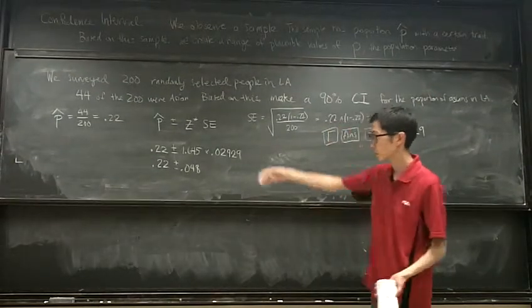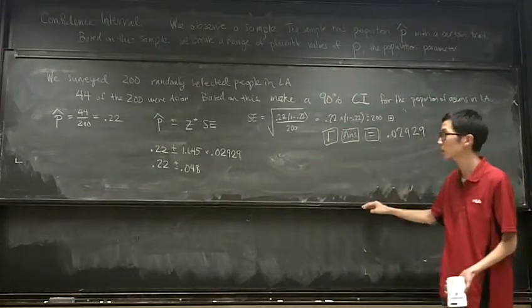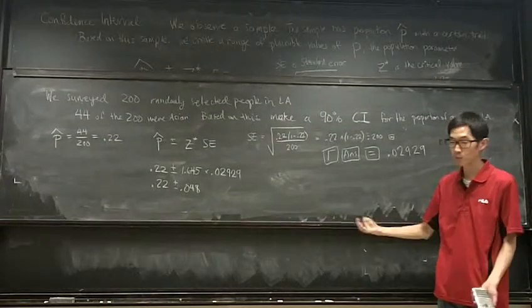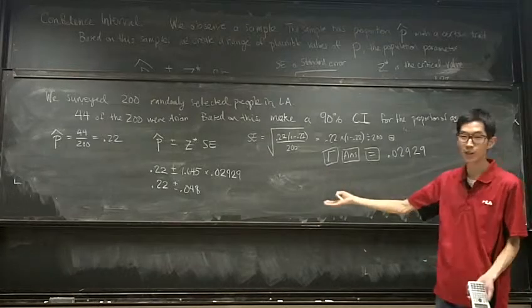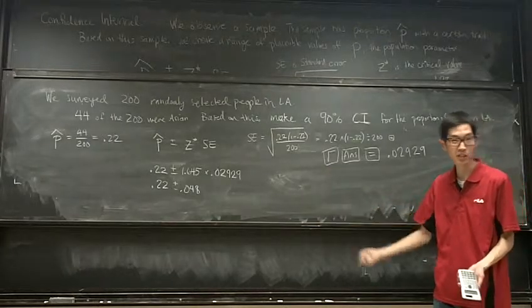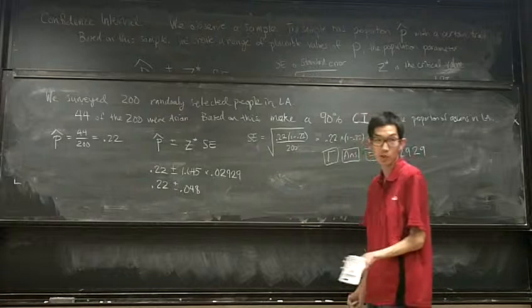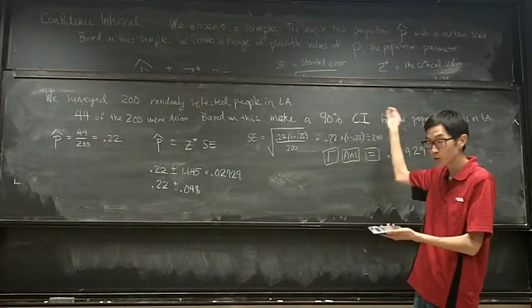So basically, my estimate, if I'm 90% confident, I estimate that 22% of Los Angeles is Asian with a margin of error of 4.8%. Okay, or 5%. So it's either plus or minus, it's going to be in between there. Correct.